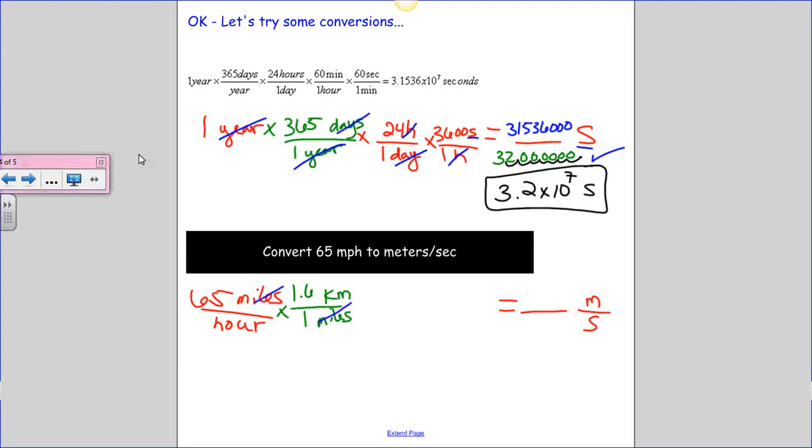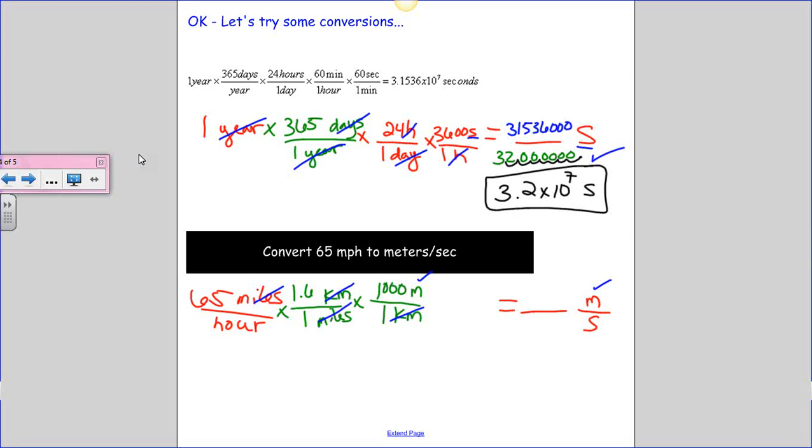So miles cancels, we have kilometers. And there's one more step to get from kilometers to meters. In 1 kilometer, there are how many meters? 1,000. Kilo means 1,000. So now kilometers cancels and we're left with meters. So this is the correct unit on top. But we still have hours on the bottom.